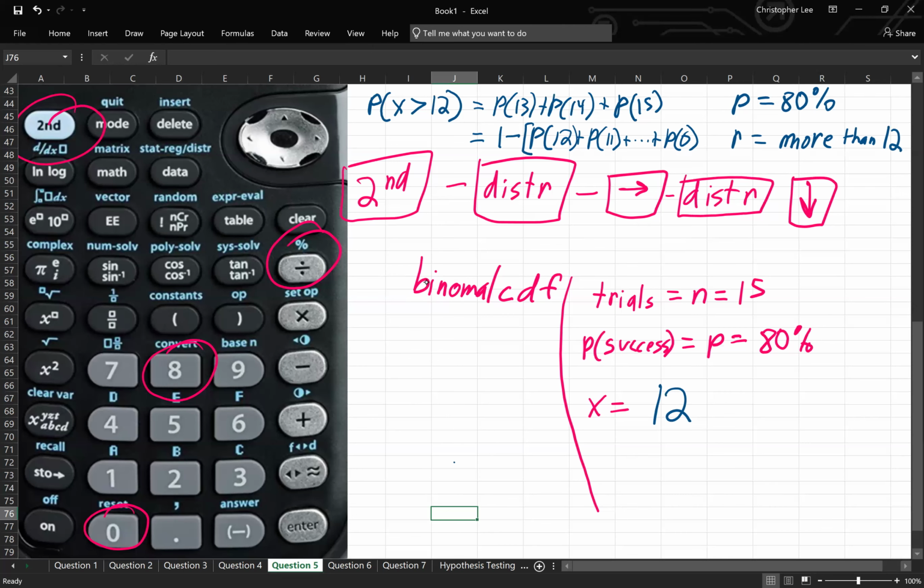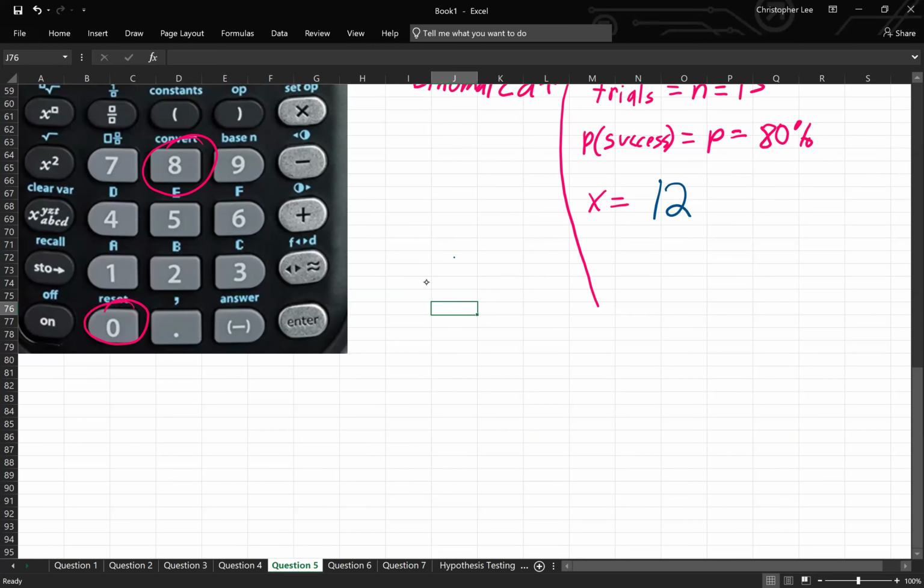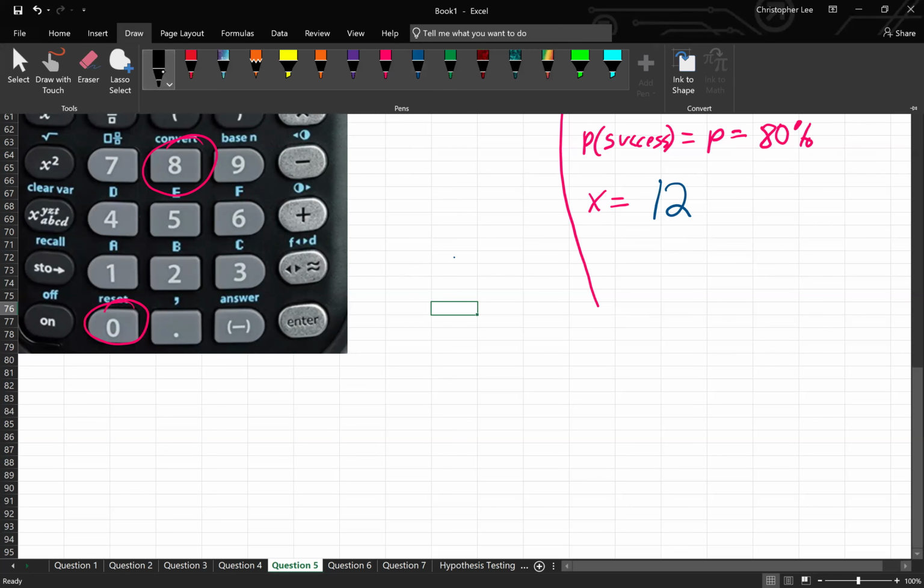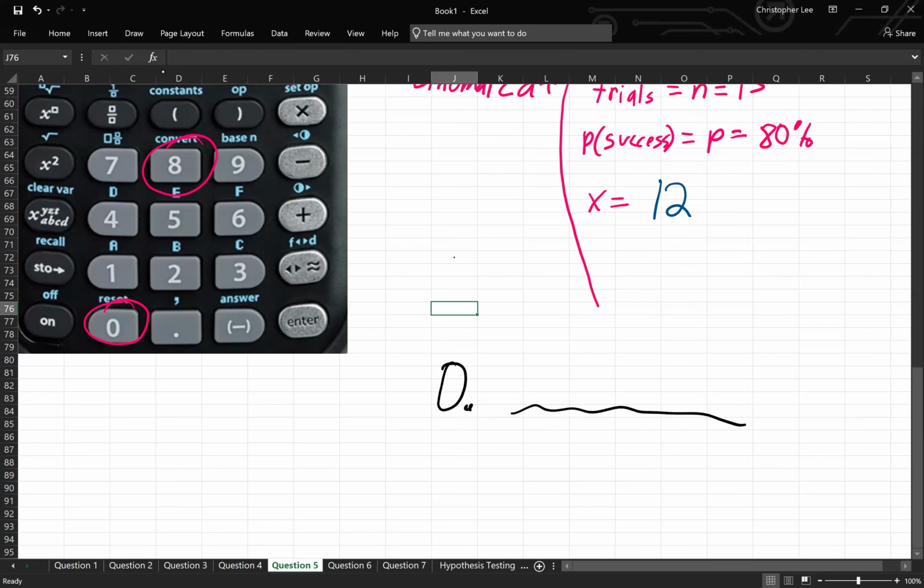Click, click, click. Eventually, you're going to get to a screen where it's going to give you a number, 0 point something, whatever.